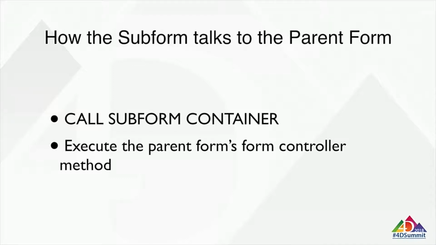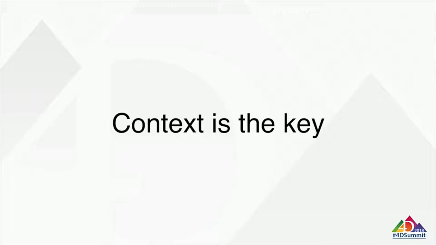But that's the easy thing. Second, as I said, is to execute the parent form's form controller method. You can call that. I have an example of that. But for all these things, the context is the key. And the context is thinking about where the code that is running is called from. If it's called from an object on a subform, it's going to run in the context of the subform.